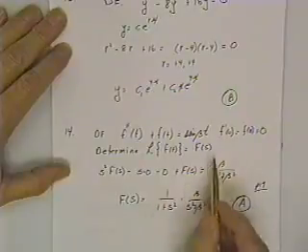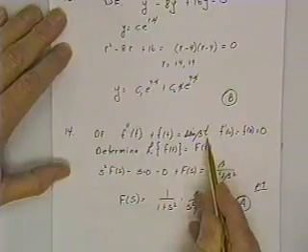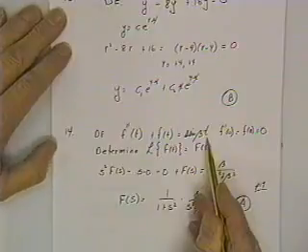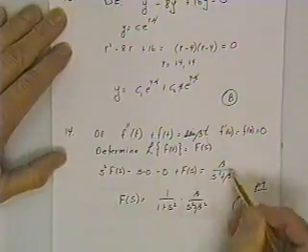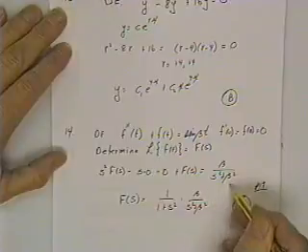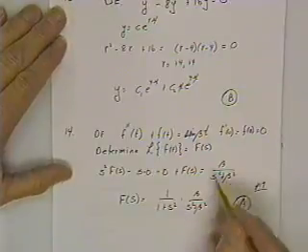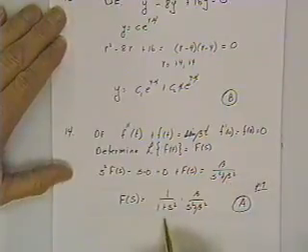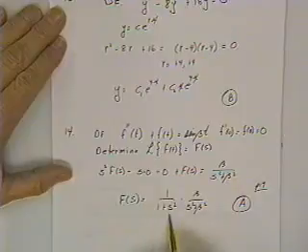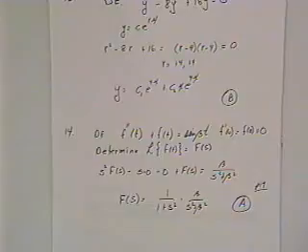But interestingly, the manual does not have the Laplace transform of the sine of beta t. It is beta over s squared plus beta squared. And when you solve this equation, you get f of s is equal to 1 over 1 plus s squared times beta over s squared plus beta squared.